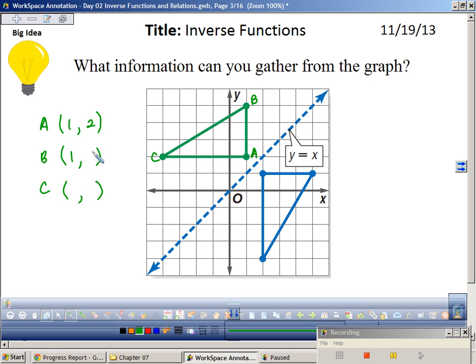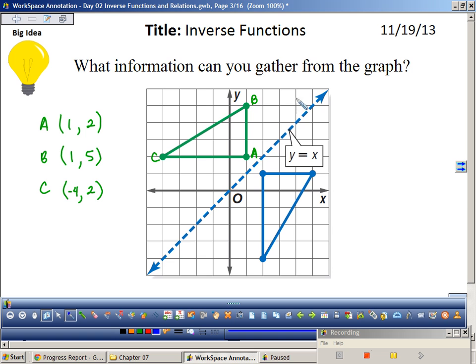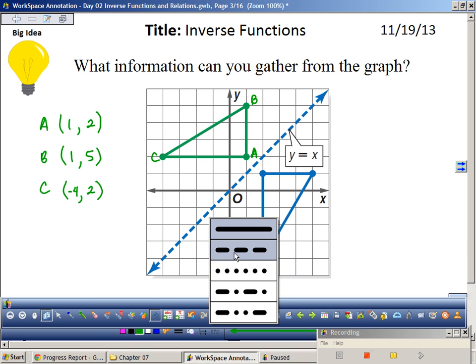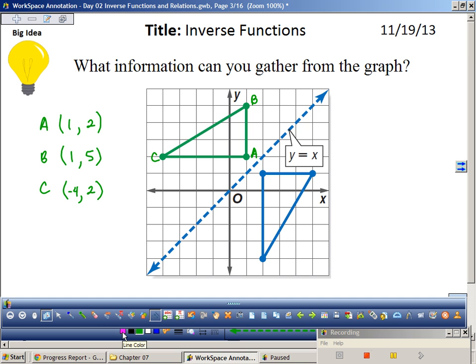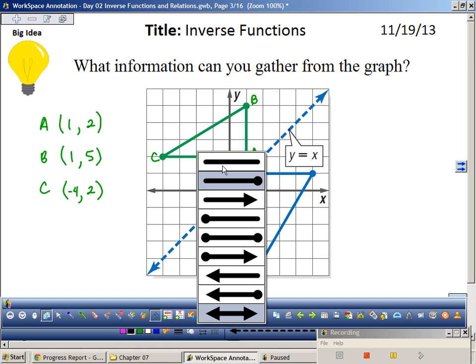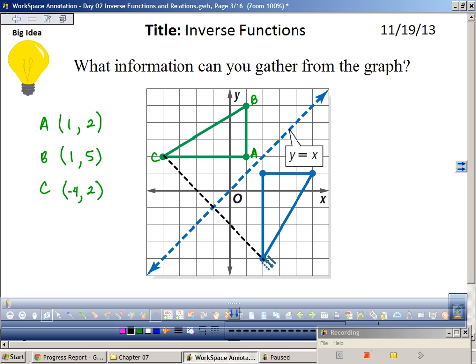B would be (1, 5), and C would be (-4, 2). What about the blue triangle? Remember this from geometry? Wait, hold on, I haven't done it yet. Remember, it's reflected over y equals x.